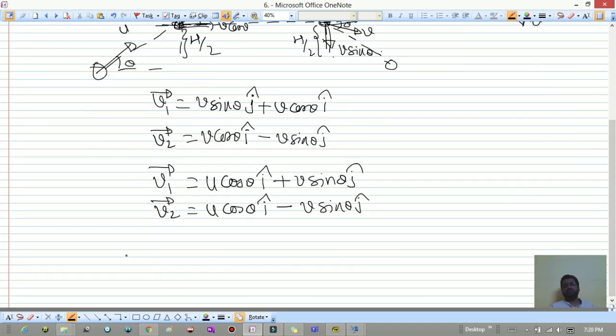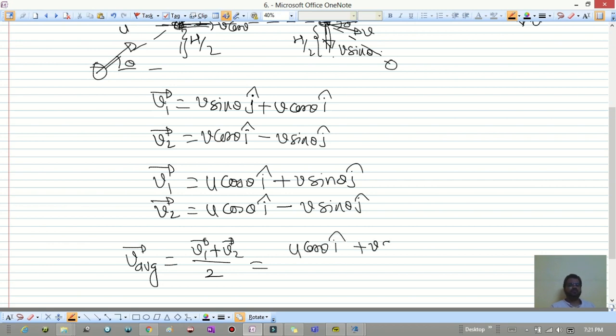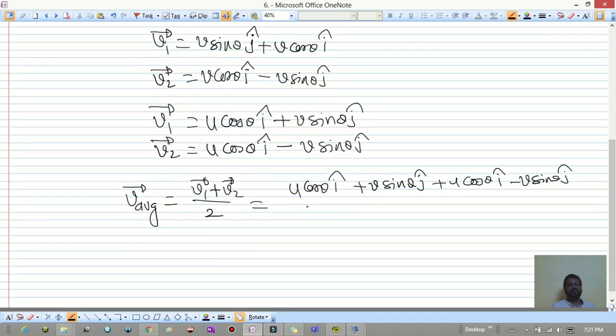Now if you find the average velocity, we have v1 bar plus v2 bar divided by 2, and that is u cos theta i hat plus v sin theta j hat plus u cos theta i hat minus v sin theta j hat divided by 2. So the v sin theta j hat cancels. Now why v1 bar plus v2 bar divided by 2?